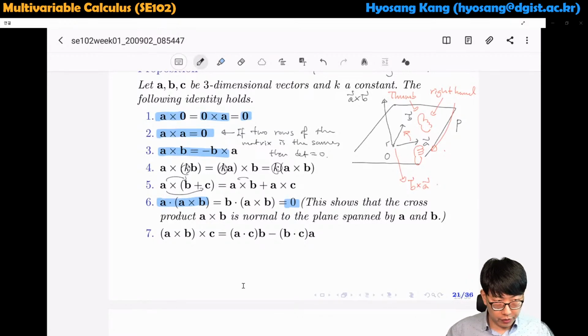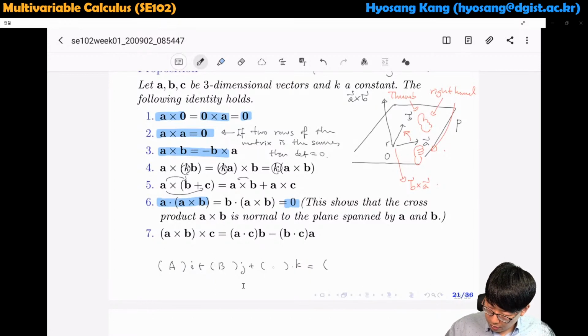So think about A cross product B. What you get is some constant coefficient I plus some coefficient J, some coefficient K, and let's give names here: A, B, C, and let's say this is A cross product B. So I can rewrite this as A, B, C. I know how to write this capital A, B, C specifically in terms of the coordinates of A, B, but I'm just using a simple notation.